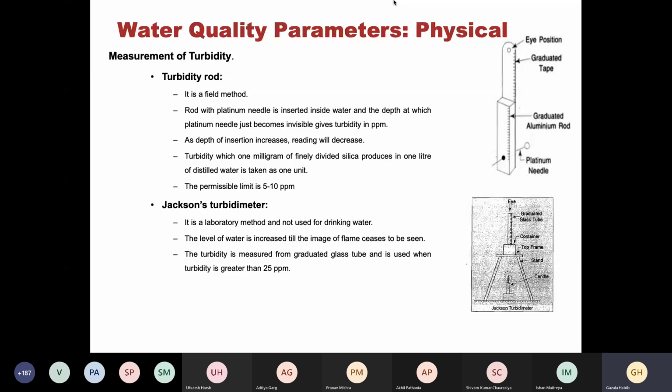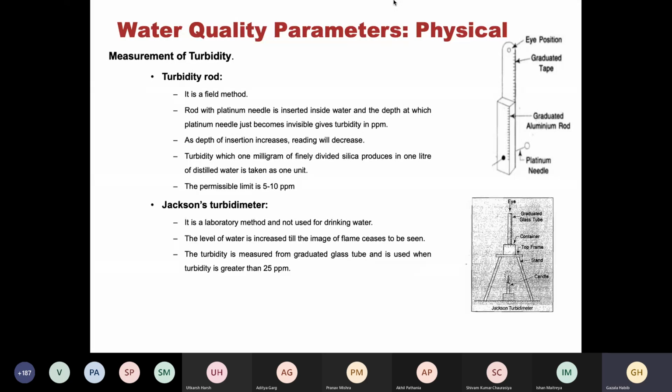So the whole calibration of the scale is based on putting the salt in 1 liter of distilled water. With the increase in the amount of silica, the turbidity will increase and therefore the graduation will increase.